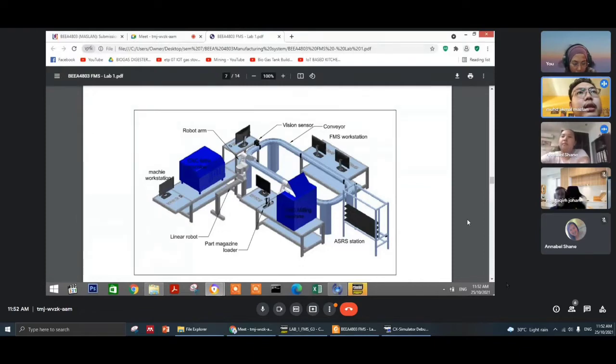Vision sensors mostly operate on 30 millisecond scanning, so that the picture can be created at a very fast pace. And after the process has concluded at the vision sensor station, it will continue to the ASRS station to put the finished product back on the ASRS shelf, and then the system will go on for the jig that does not have a finished product.